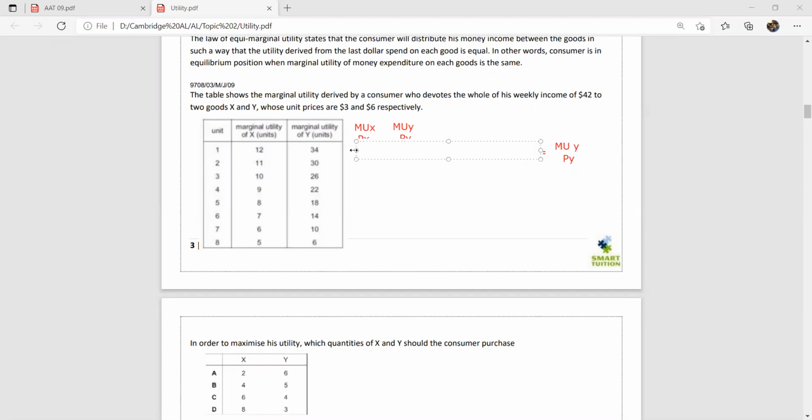12 is the utility of X at the first unit. Price is 3. 12 divided by 3, so the answer is 4.